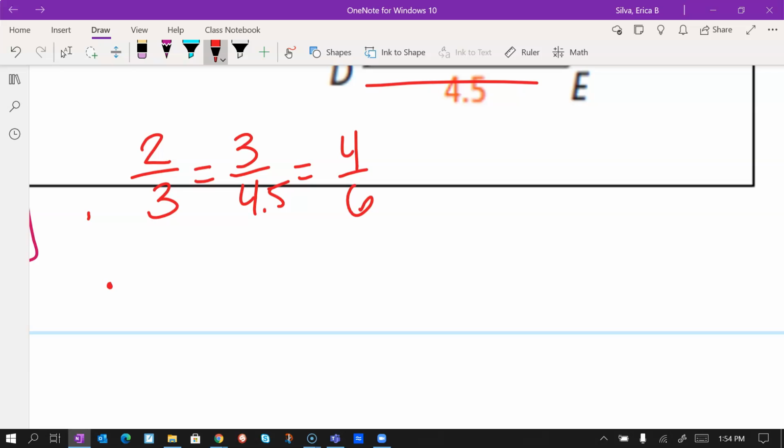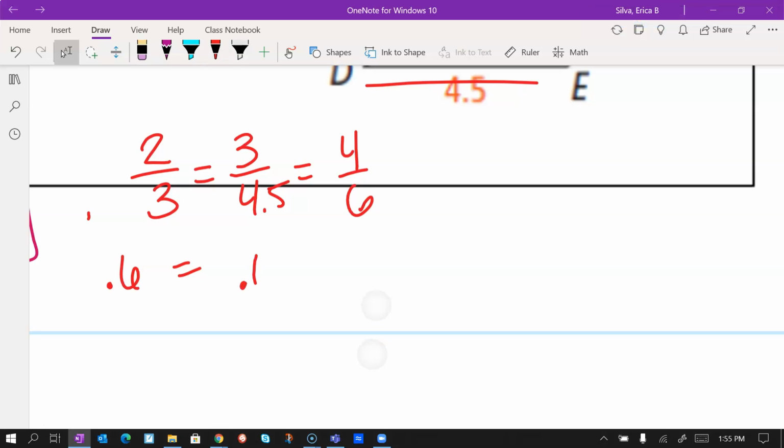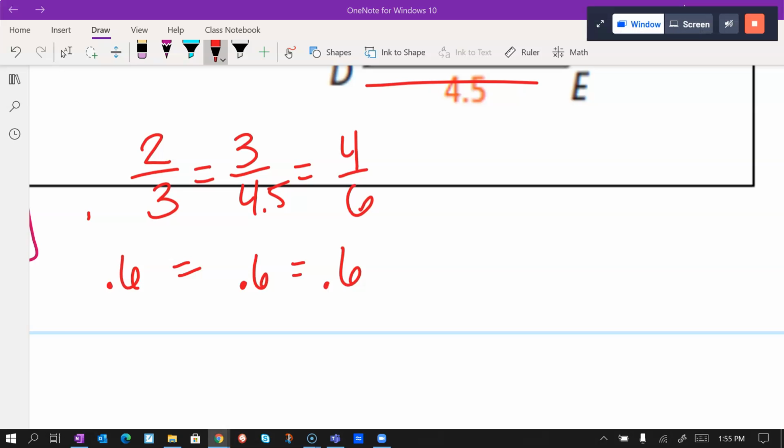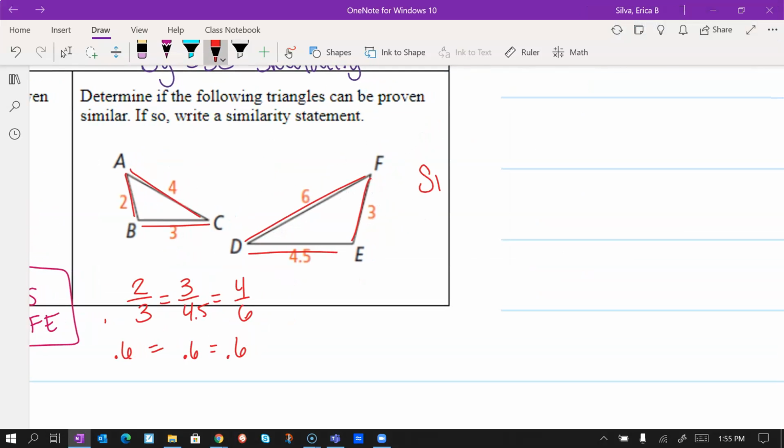If you put that in the calculator, what did you get? 2/3 is 0.6. What do we get for 3 divided by 4.5? 0.6. And then what do we get for 4 divided by 6? 0.6. So then are all the ratios proportional? Yes, because they're all equal, right?